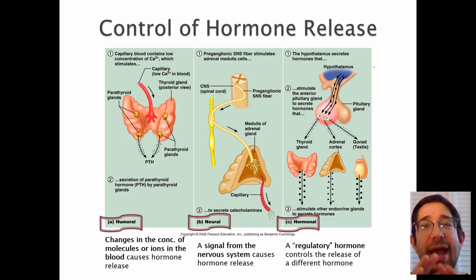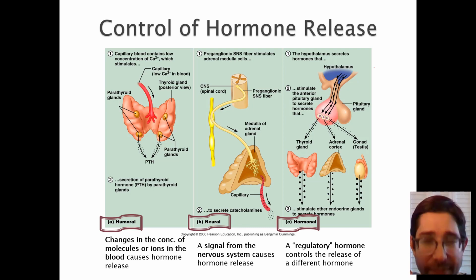These glands have an outer part called the cortex and an inner medulla, and they're very, very different. So that's important. It's the medulla, the inside of the adrenal gland, to which the nervous system is directly connected. This long neuron comes all the way down through the central nervous system into the adrenal medulla, and it'll zap it when it wants to release some epinephrine.